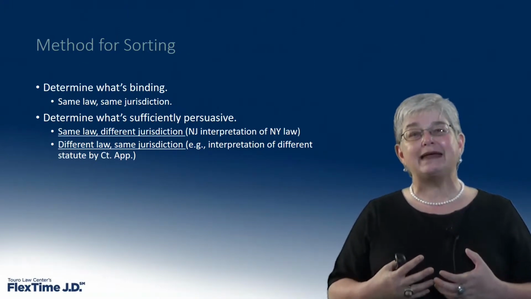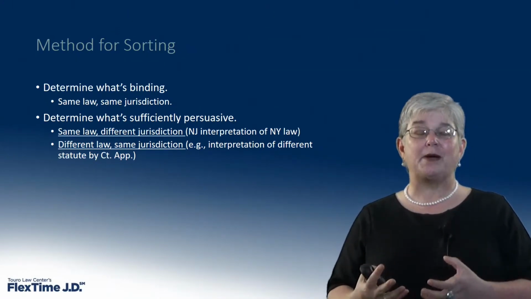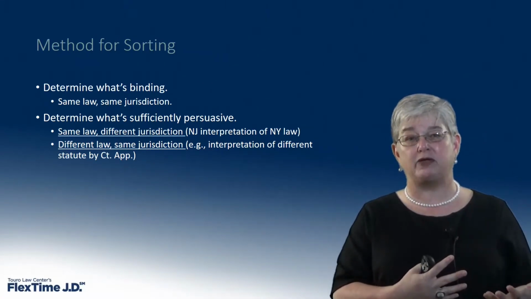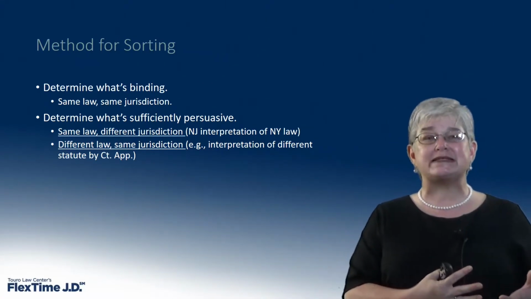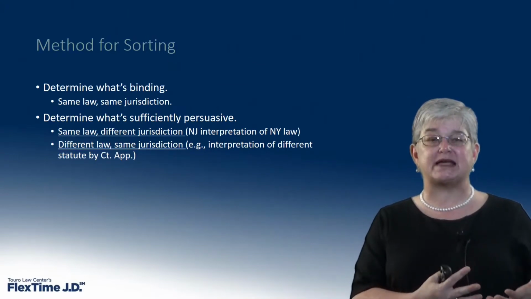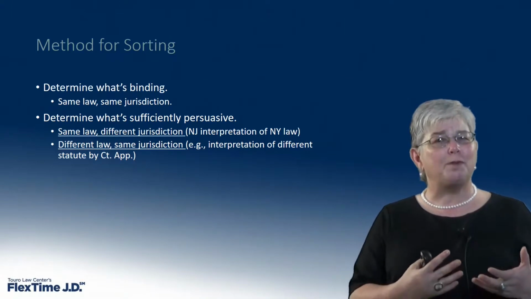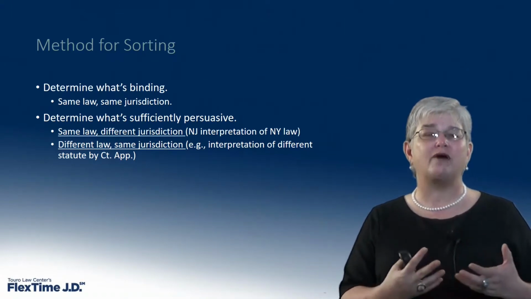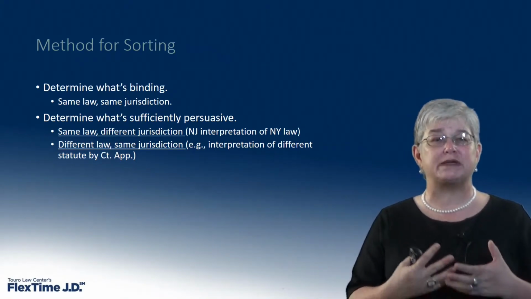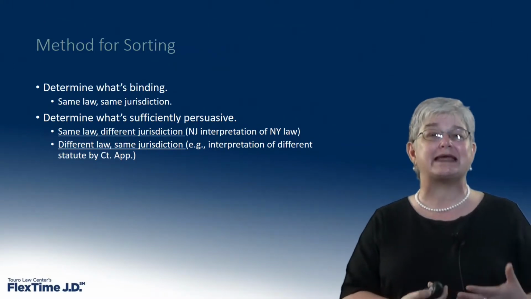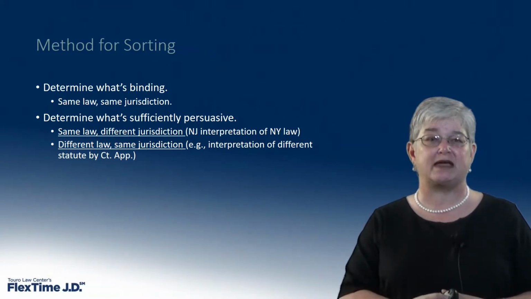So let's say you're analyzing a burglary case, but you have an arson case that discusses characteristics of a building. Well, that won't necessarily be binding if they're discussing the arson statute rather than the burglary statute, but it will be very persuasive. What the court finds to be a building for one purpose, they may very well find to be a building for another purpose, so long as the same policy considerations are at stake.